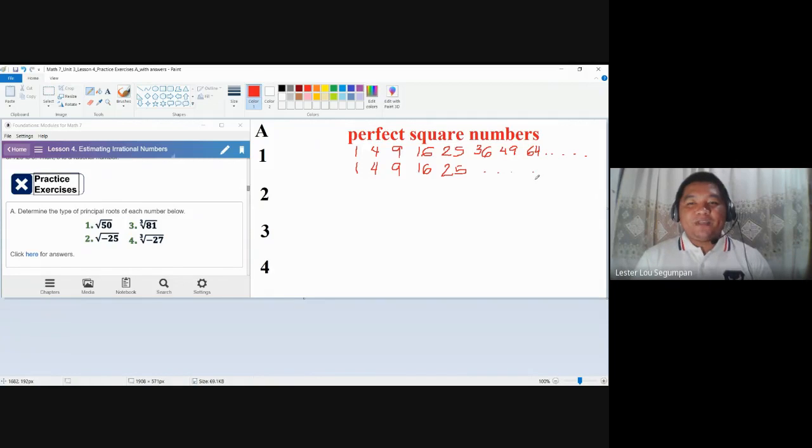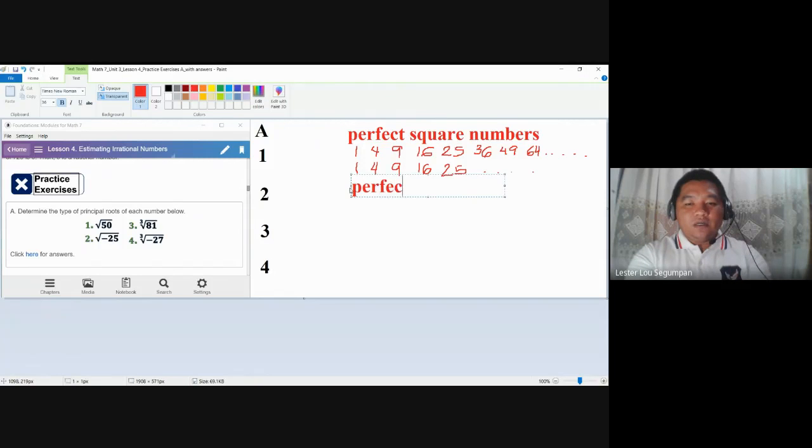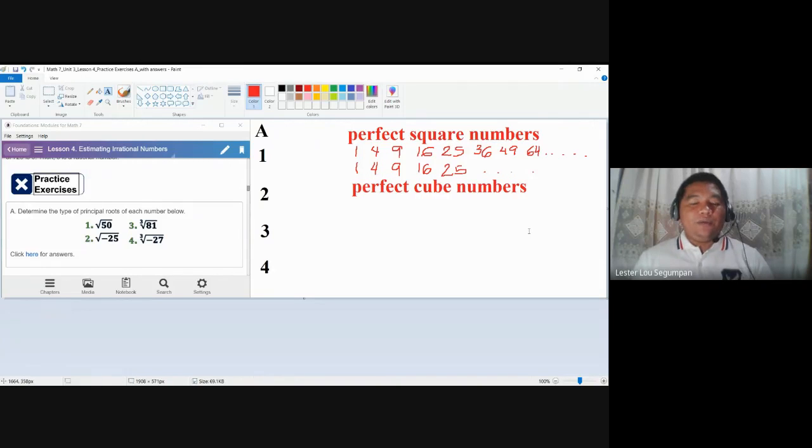Aside from perfect square numbers, since numbers 3 and 4 here talk about principal cube roots, let us also consider the numbers which are in perfect cube form, or simply the perfect cube numbers. If the perfect square numbers are the results when we multiply a number by itself twice, the perfect cube numbers are the results when we multiply a number by itself 3 times. So for the perfect cube of 1, that's 1 times 1, which is equal to 1, times another 1.